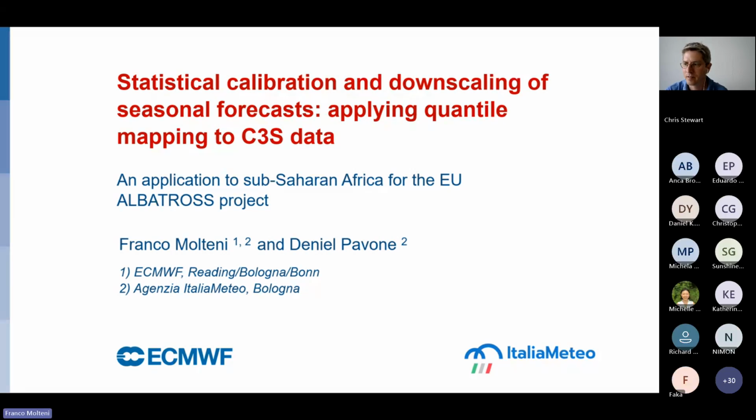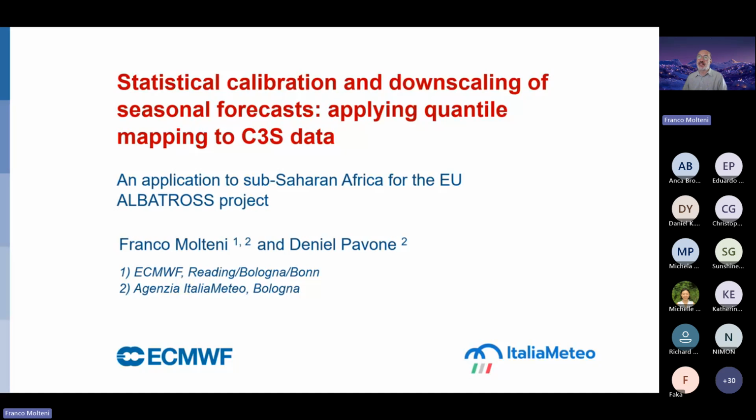Thanks to the organizers for inviting me to present this application, which has been developed by the Italia Meteo Agency, which is basically the civil Italian meteorological service, as a part of an EU-funded project called Albatros, which is concerned with creating climate services for Africa. The work that I'm going to present has been done in collaboration with my colleague Daniel Pavone at Agenzia Italia Meteo.